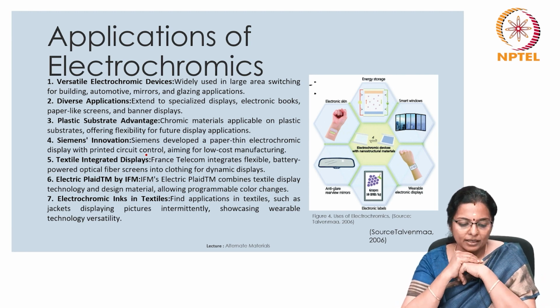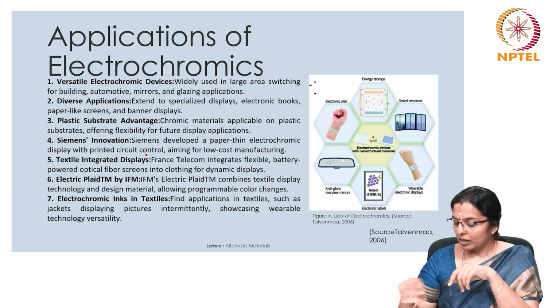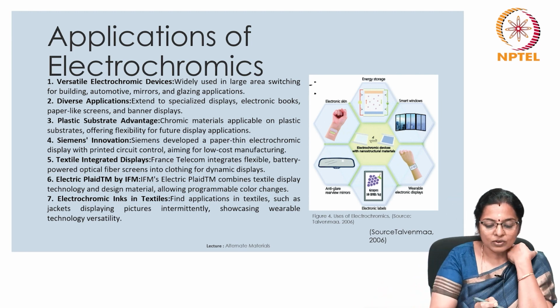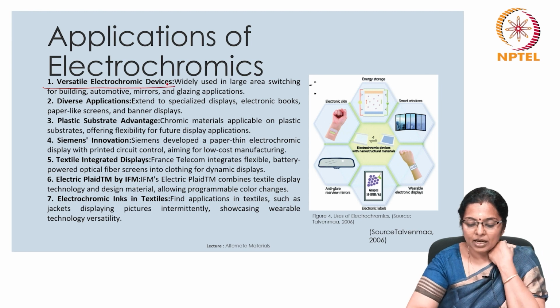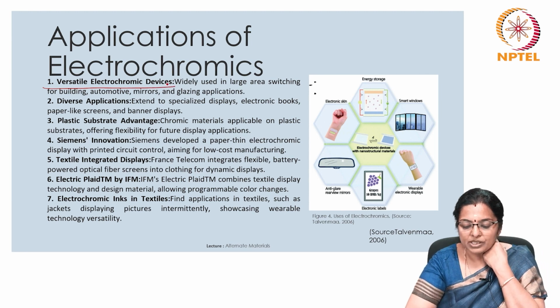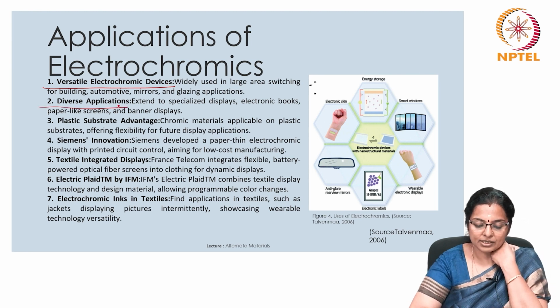Let us now look at applications of electrochromics. So, first is versatile electrochromic devices. These are widely used in large area switching for building, automotive, mirrors and glazing applications. Second is diverse applications.